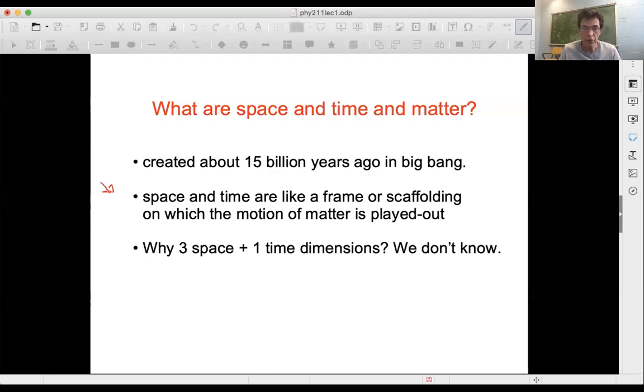So as you think about these basic dimensions, mass, space, and time, you want to be thinking of them as the basic building blocks of the physics world, as the stage on which things occur. But remember, we don't understand everything about them. There's lots of unanswered questions about them.